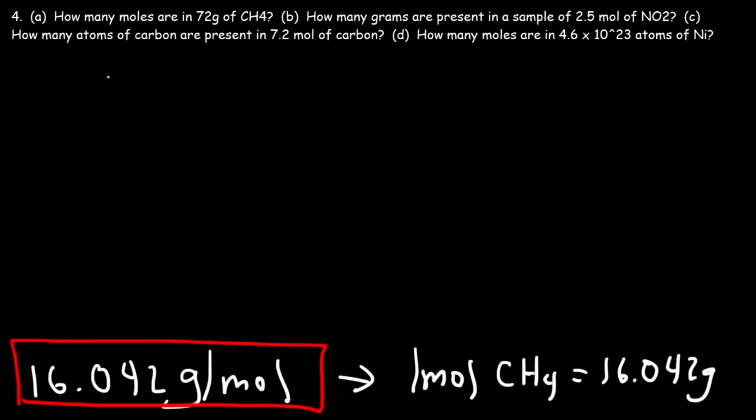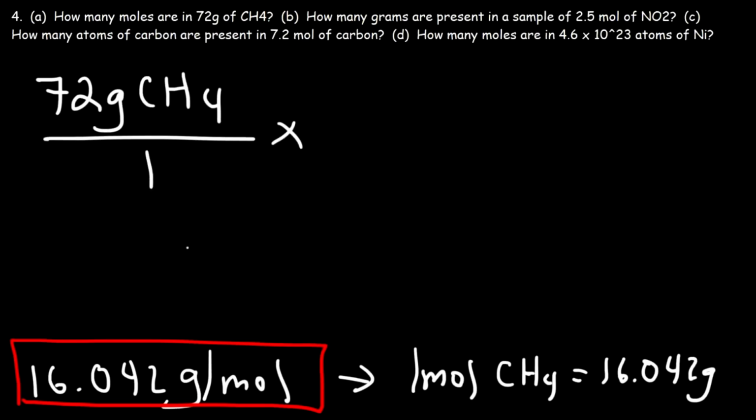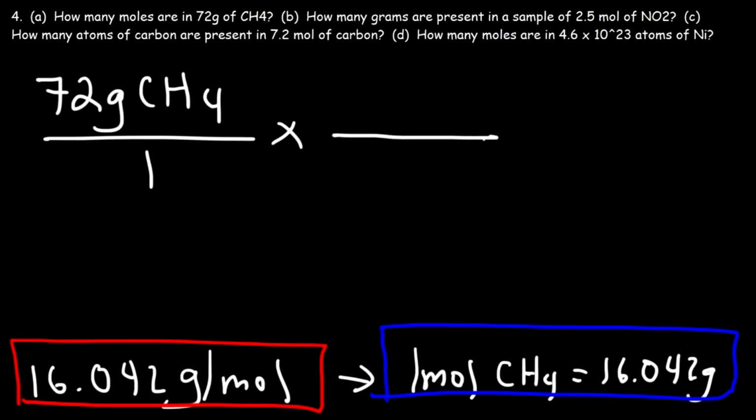Now we're going to start with the information that we're given, and that is 72 grams of methane. And we're going to use our conversion factor to convert it from grams to moles. The conversion factor will be placed in the second fraction. Because we have grams on the top left, we need to make sure that grams of methane will be on the bottom right, so that those units will cancel.